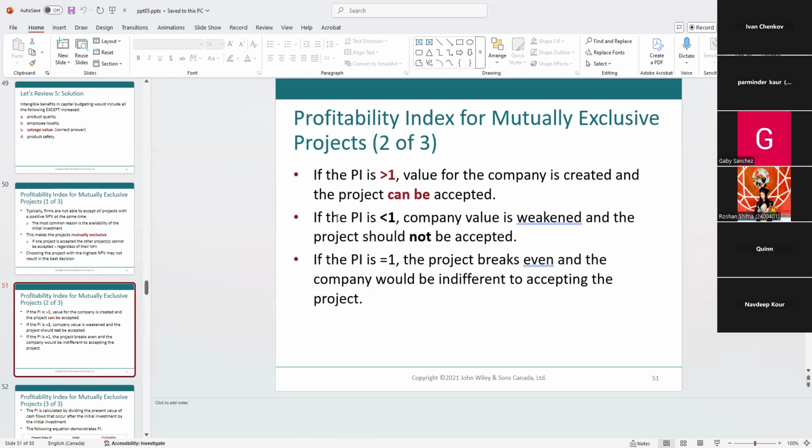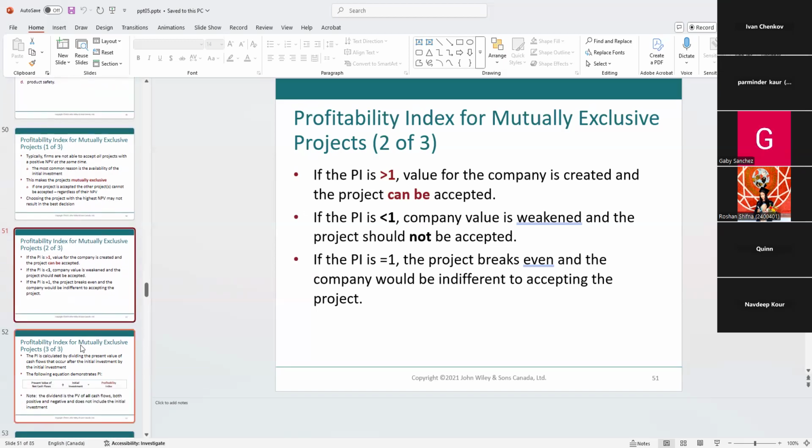If the profitability index is below 1, then if the company accepts the project, it will weaken the company. And if the profitability index is more than 1, the project is going to increase the value of the company.